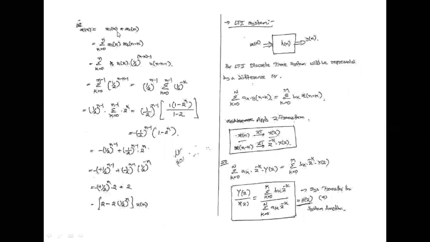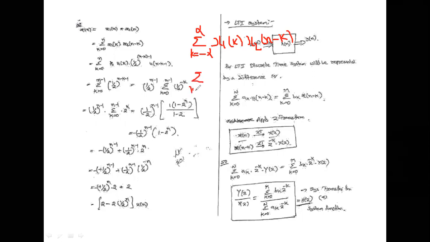And using this convolution formula, substitute 1 by 2, the mu of k. I'll explain. The sum of k equal to minus infinity to infinity, x1 of k, x2 of n minus k. What is x1 of k? We got 1 whole power n mu of n.